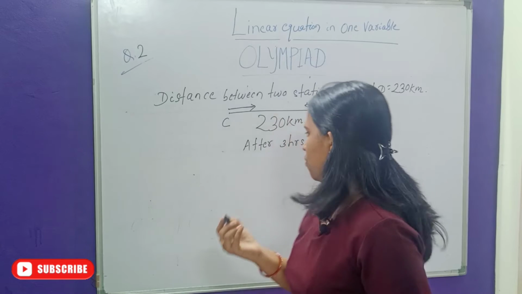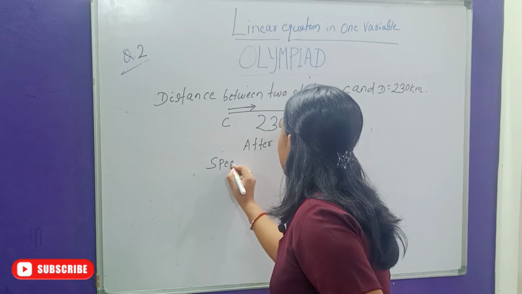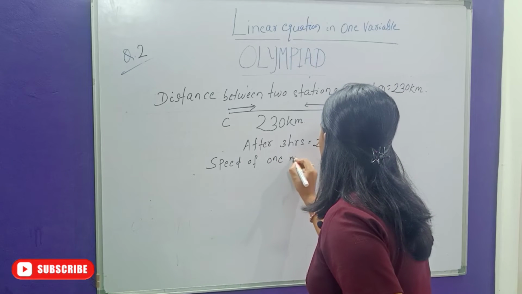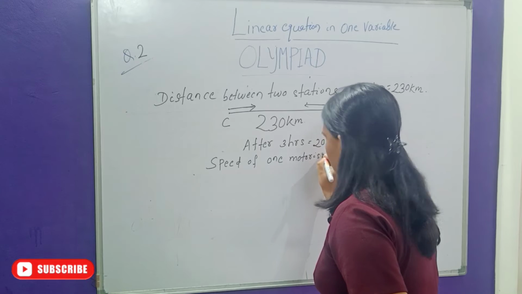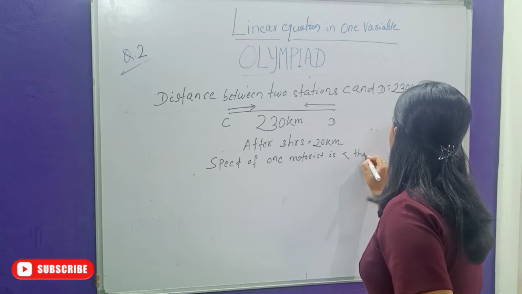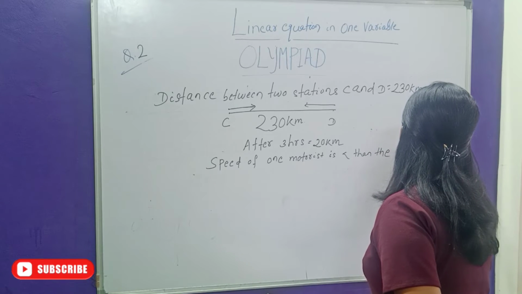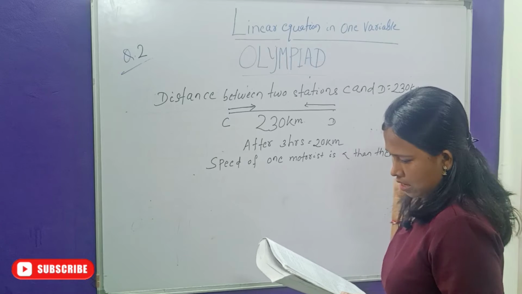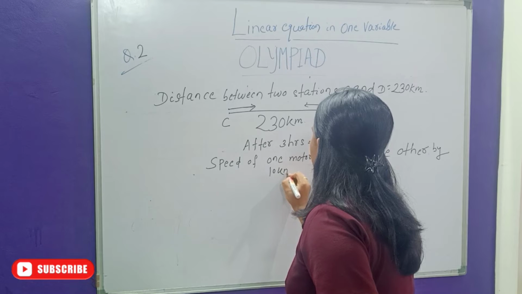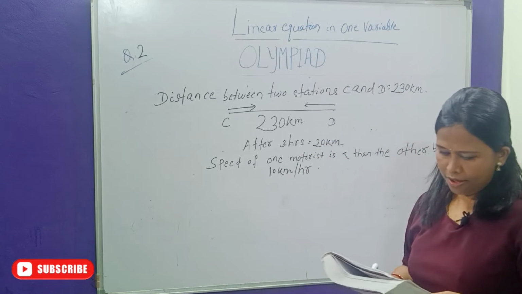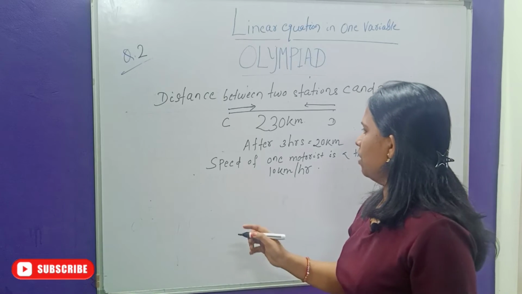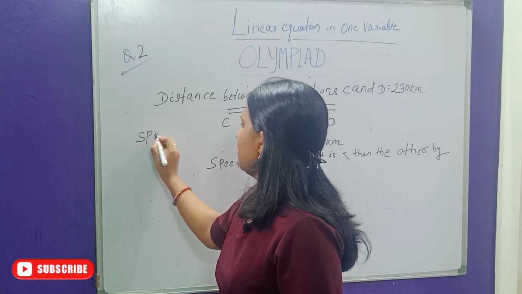It is also given that the speed of one motorist is less than the other by 10 kilometers per hour. Find the speed of each motorist.